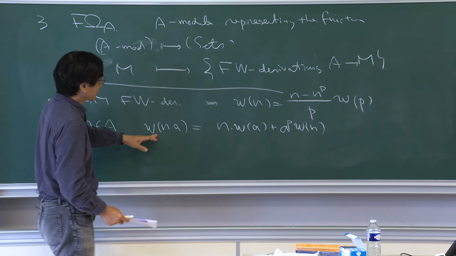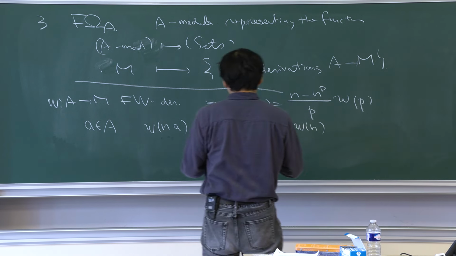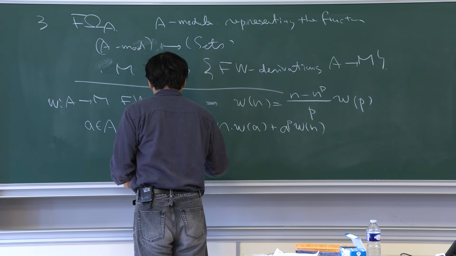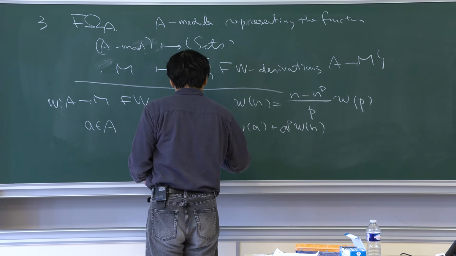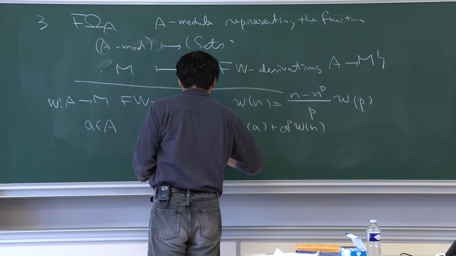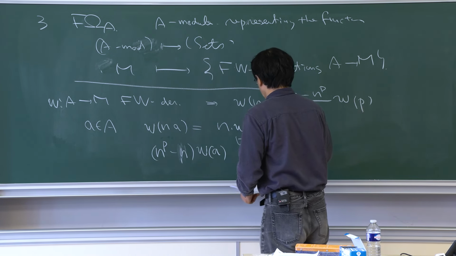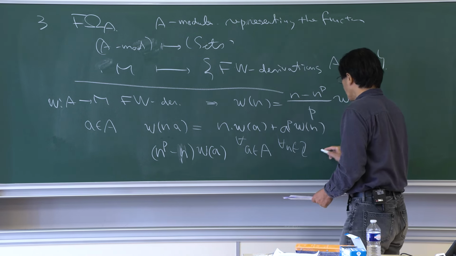And if you compare this equality and that equality, then we get (n to the p minus n) times W(a) equals something, for any a and n.